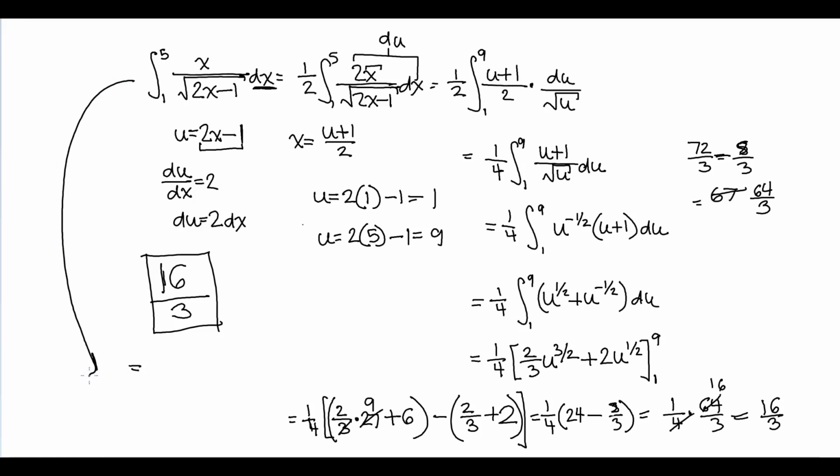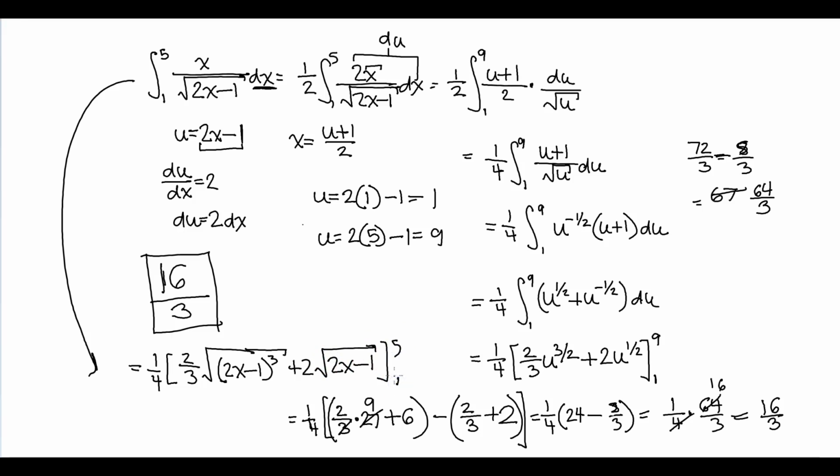Then we would have to evaluate 1/4 times 2/3 times the square root of 2x minus 1 to the 3rd power plus 2 times the square root of 2x minus 1, from 5 to 1.